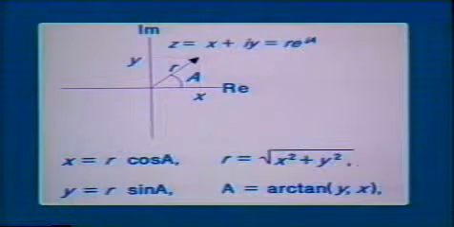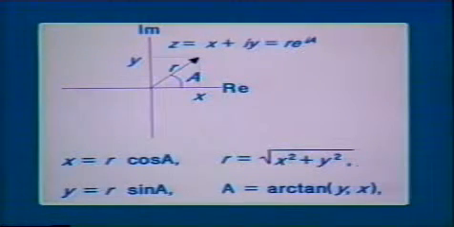Just as a little review, there are things called complex numbers. A complex number you can think of as a point in the plane, or z, and you can represent a point either by its real part and its imaginary part. So if this is z, then its real part is this much, and its imaginary part is that much.